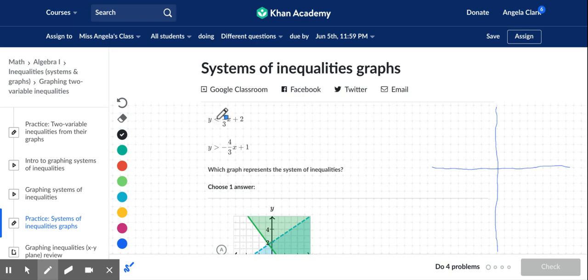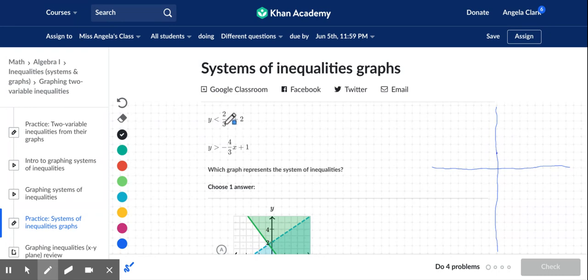So, this says y is less than 2/3 x plus 2. Just like we discussed in the last video, this is your y-intercept and this is your slope. So the y-intercept is here at 2, and then the slope is up 2, right 3.